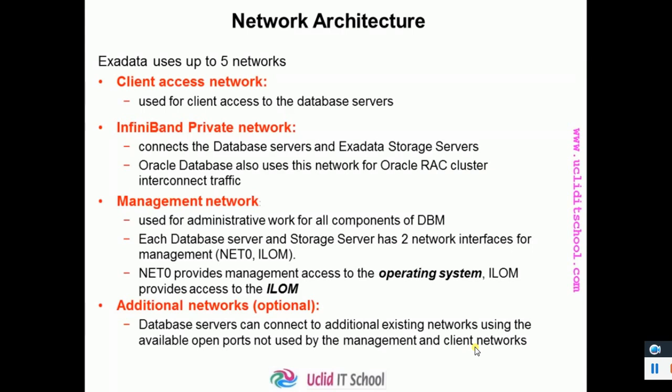Exadata has different networks like the client access network, which is the same as in your regular systems. The client access network is used by clients accessing the database servers. Ultimately it is nothing but your LAN, to which the Exadata database servers are connected, so that clients over the LAN or WAN can access them.